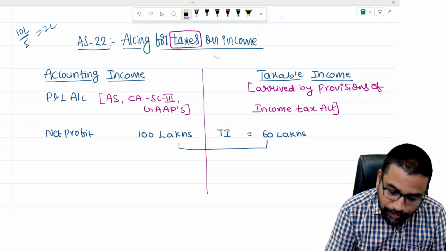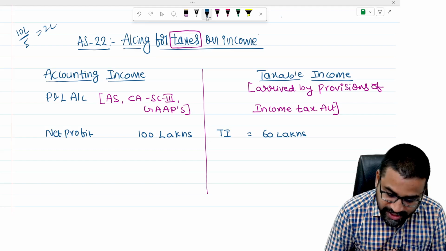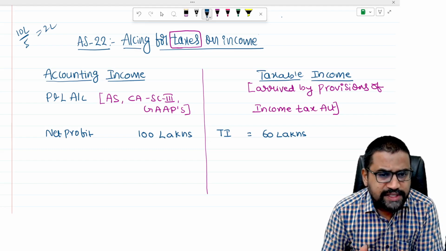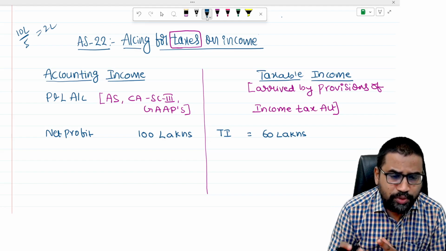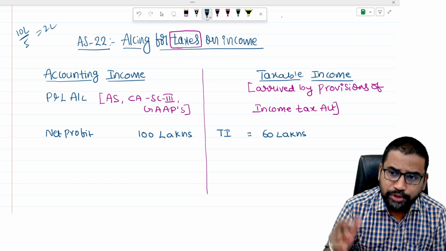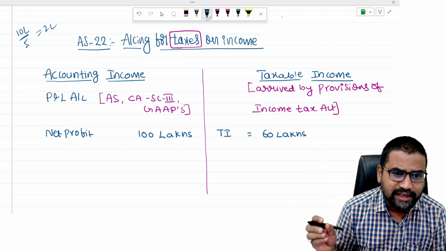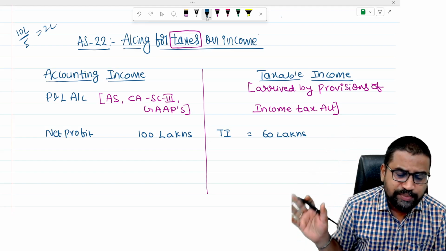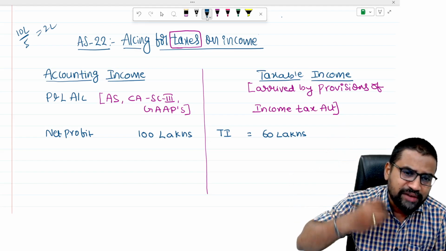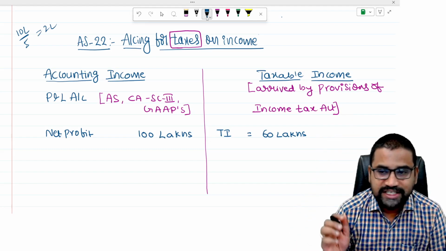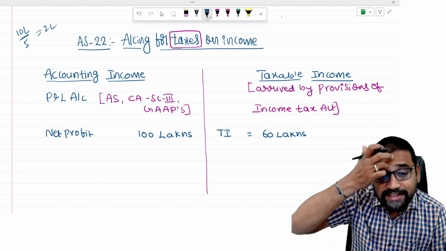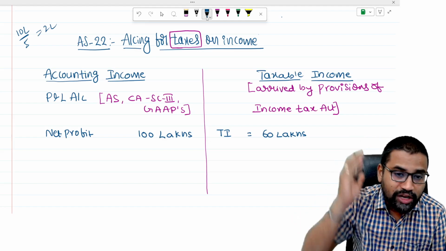So the point to understand is, whatever expenses, losses or provisions you create, in accounts there is no problem. We follow the accrual concept and the prudence concept; we recognize all expenses, anticipate any losses, and recognize any provision we create. But the Income Tax Act says we don't allow all these things.